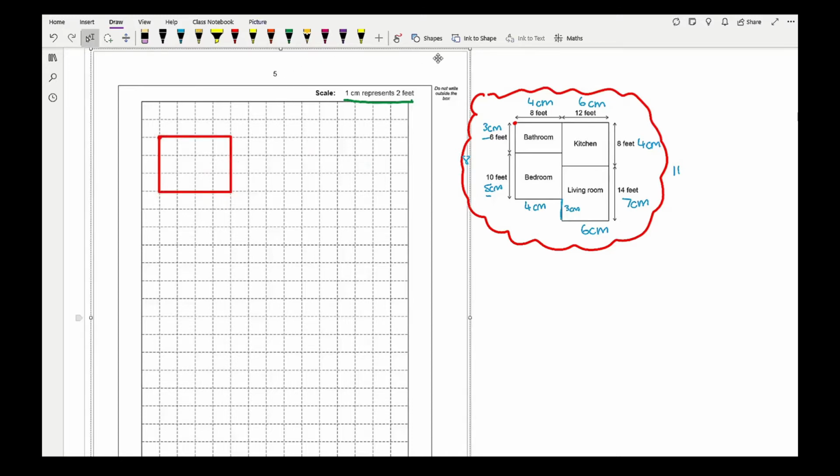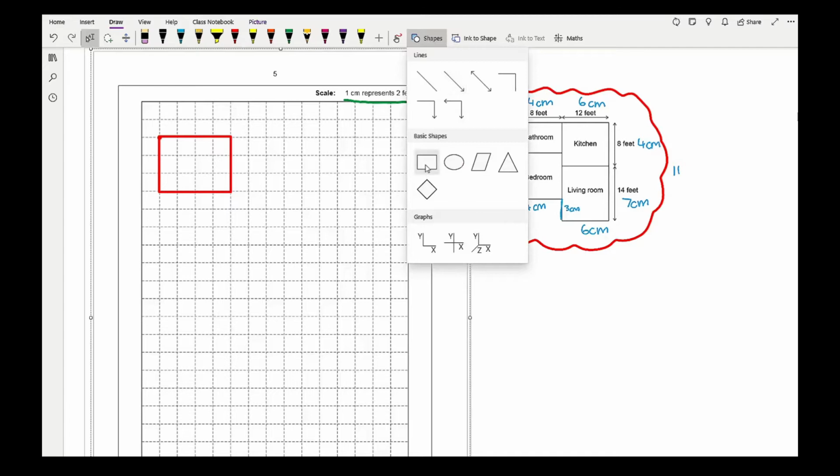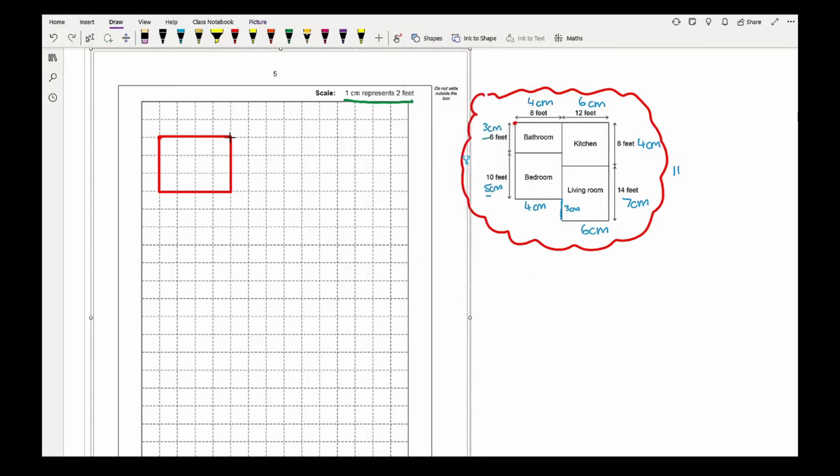And then our next one is 6 by 4. So we've got there's our 6, and our 4 is about there.